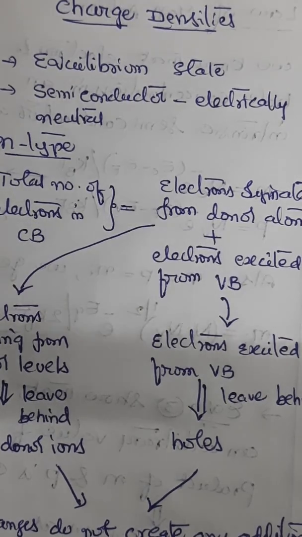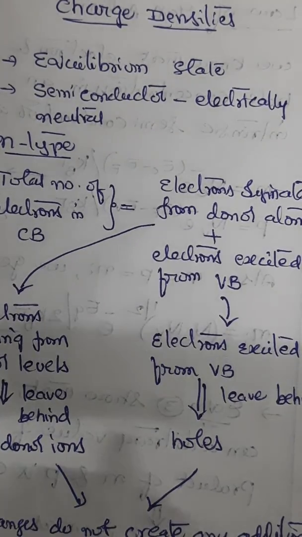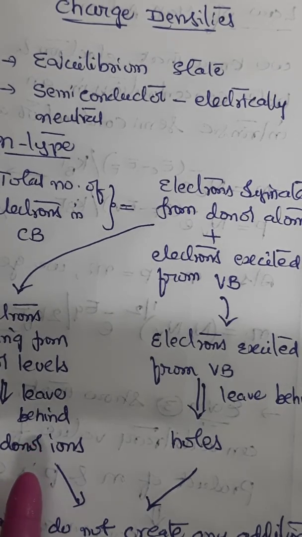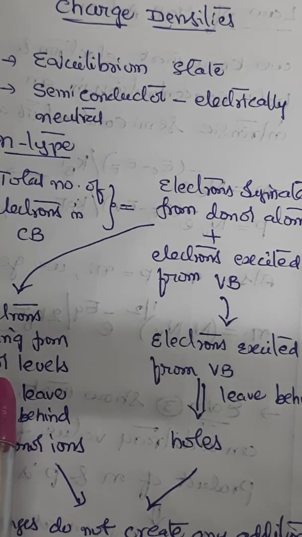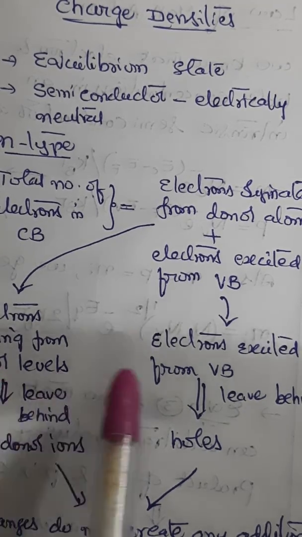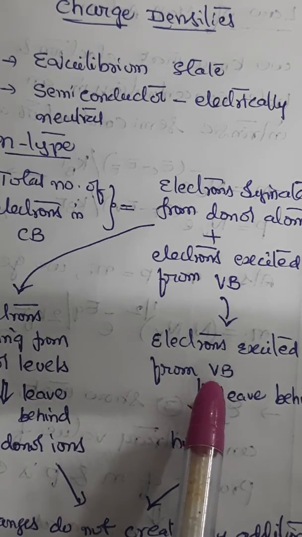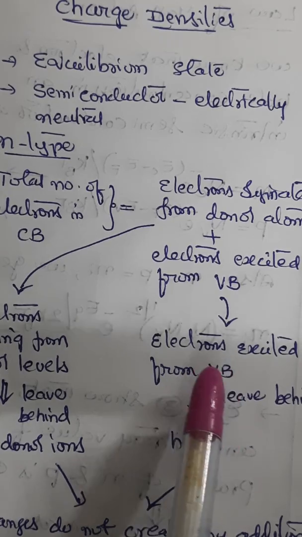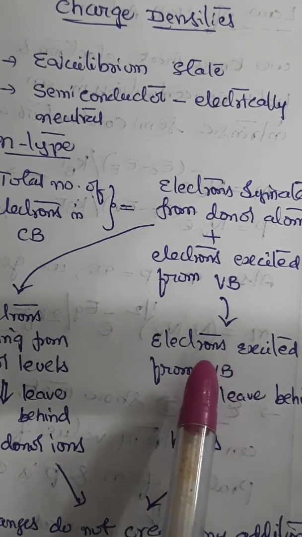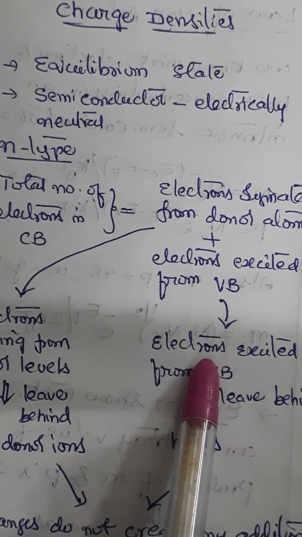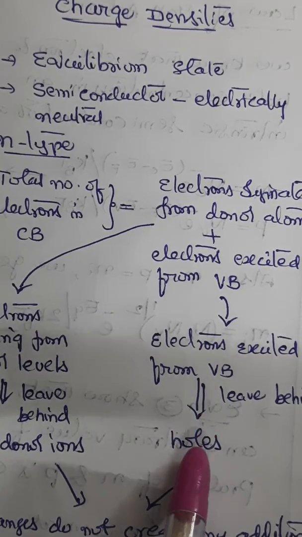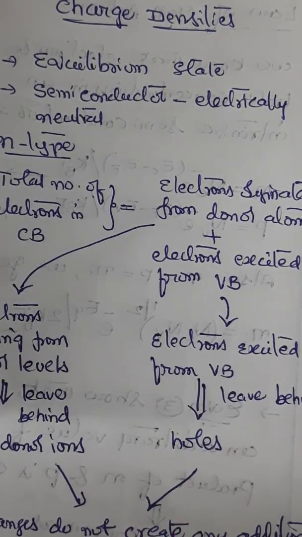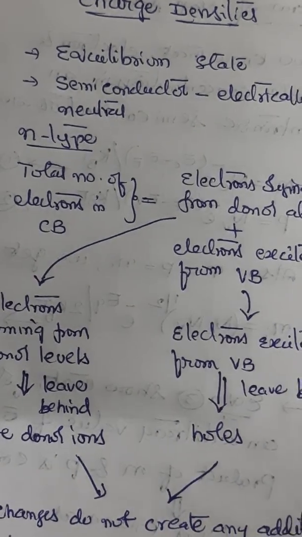So if you take an n-type semiconductor, the total number of electrons in the conduction band must be equal to the sum of electrons originated from the donor atoms and electrons excited from the valence band. That is to be clearly understood.